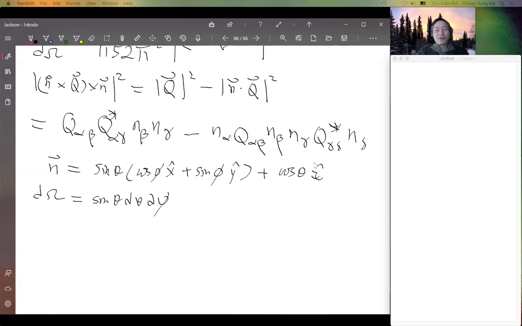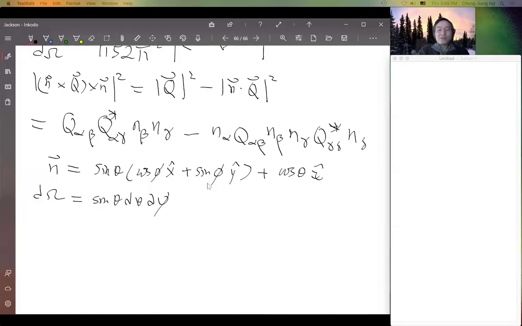You integrate over 0 to 2 pi, and you only get 2 pi for the phi integration. Or n1 squared, you get cosine squared phi, then the phi integration will give you just pi. Likewise, sine squared integrated over phi will give you pi also.